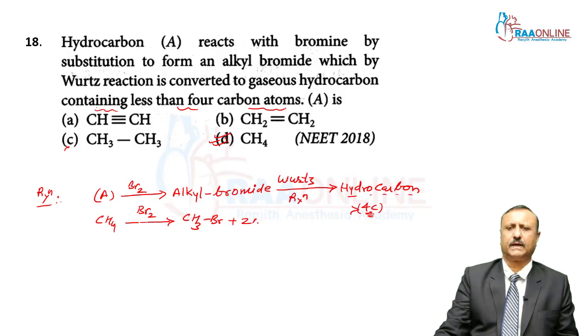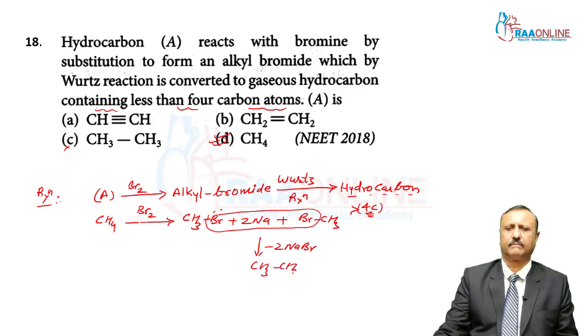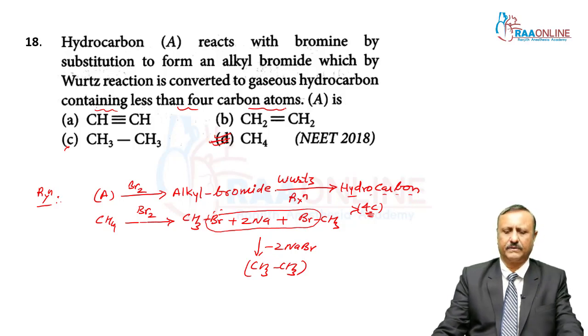When this CH3Br undergoes the Wurtz reaction with 2 Na, you get 2 NaBr and CH3-CH3, ethane. In ethane, only 2 carbon atoms are present. So our answer is D, question 18, answer D.